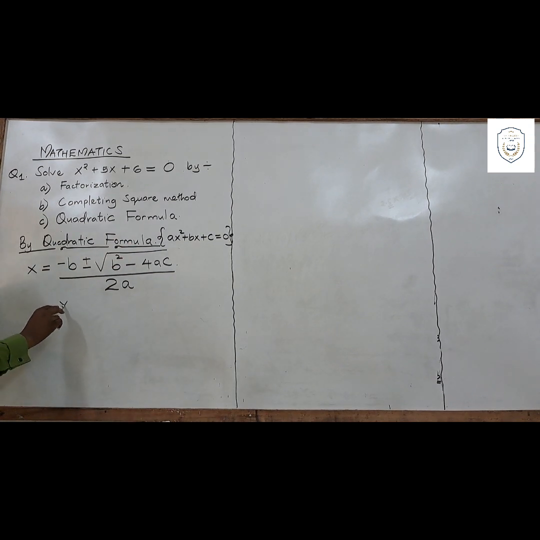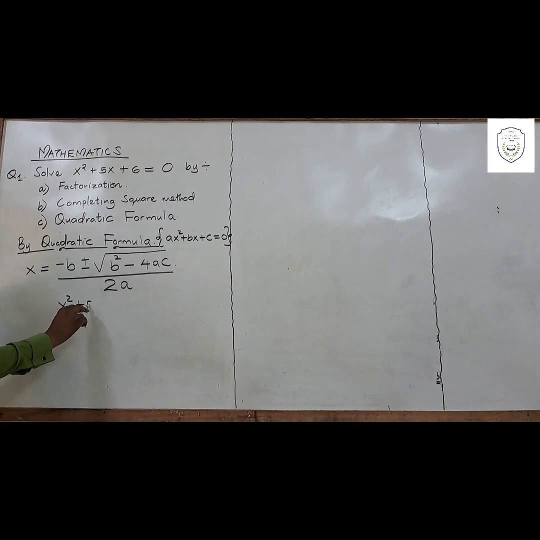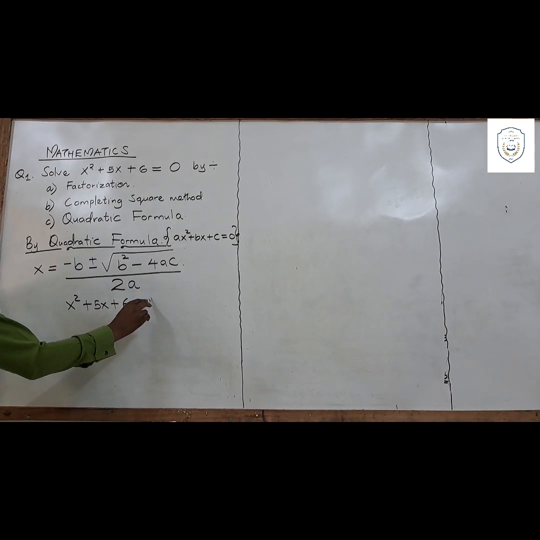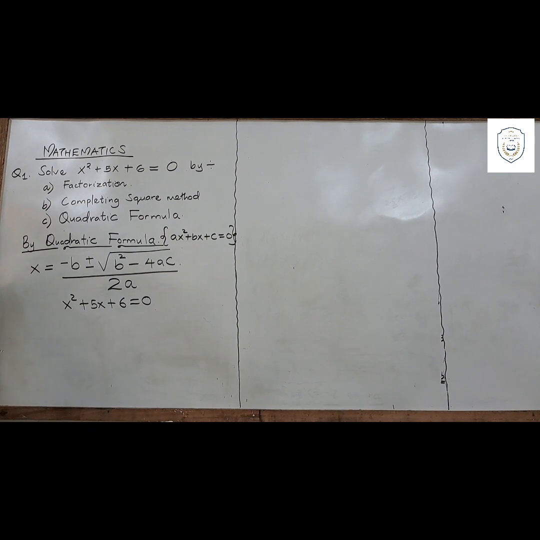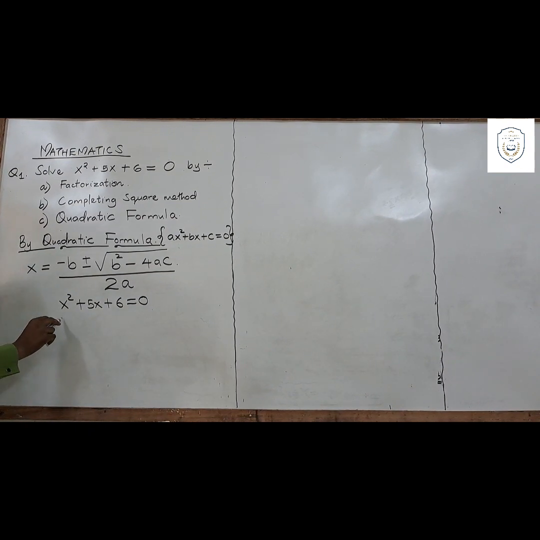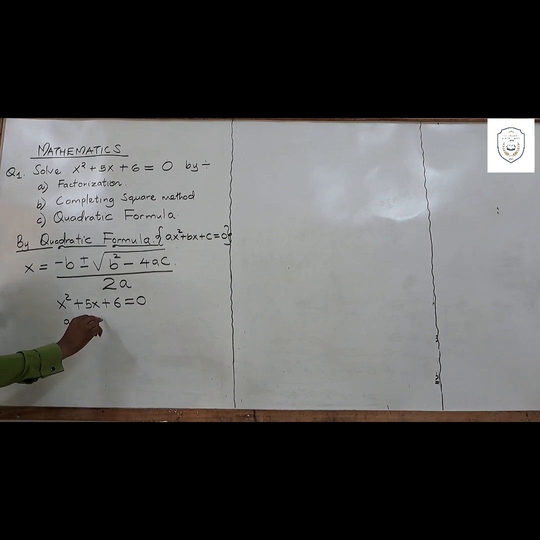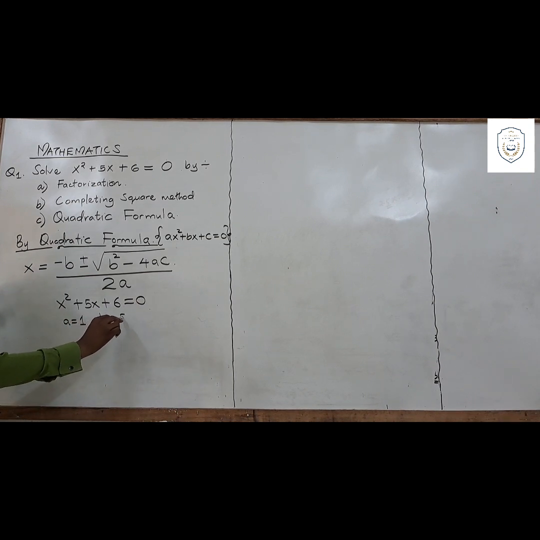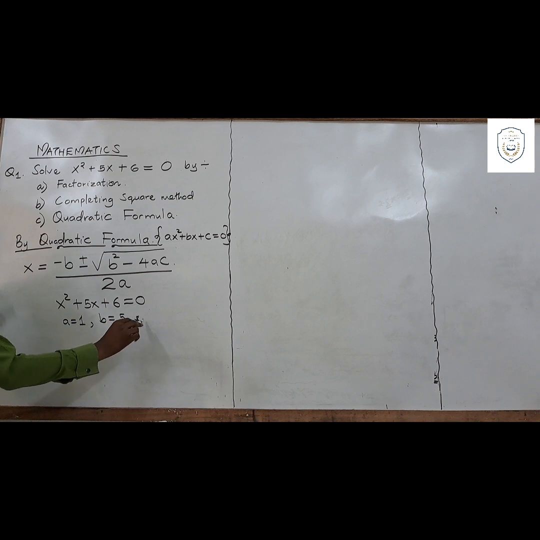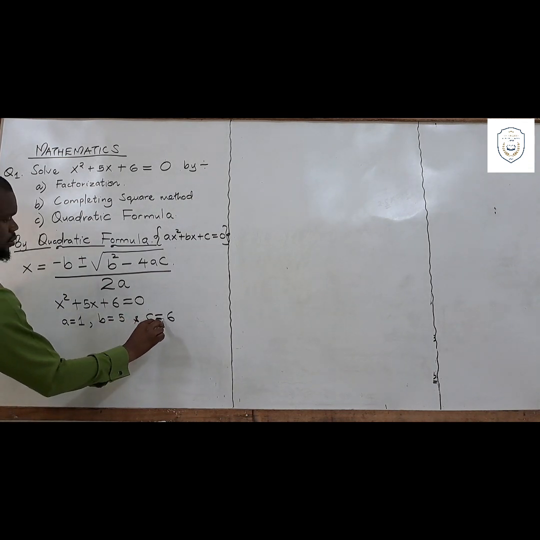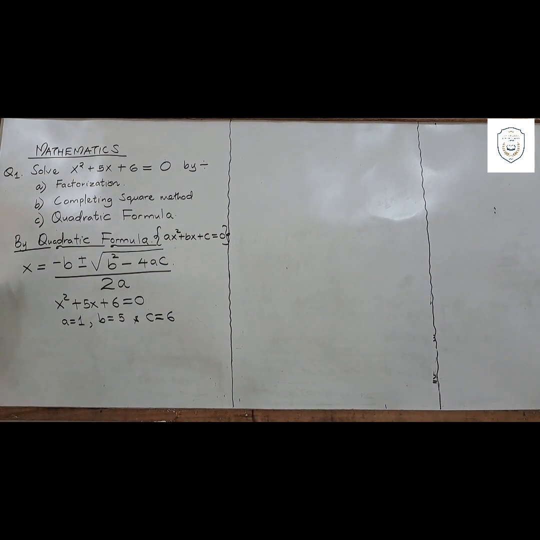So far our equation is x squared plus 5x plus 6 equals 0. So very quickly, before I start solving, we must agree that our a is 1, our b is positive 5, and our c is positive 6. If we agree about that, now we can solve.